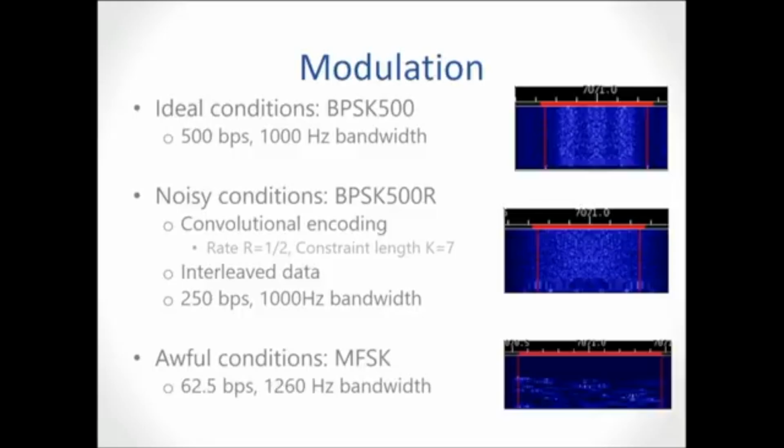In noisier conditions, we can apply convolutional encoding prior to modulation. The convolutional encoding allows for forward error correction. The code that we use has a rate of 1/2, so about 50% of the bits are used for error correction.